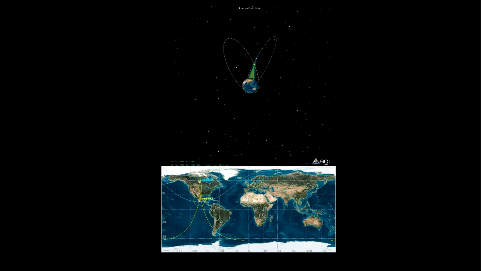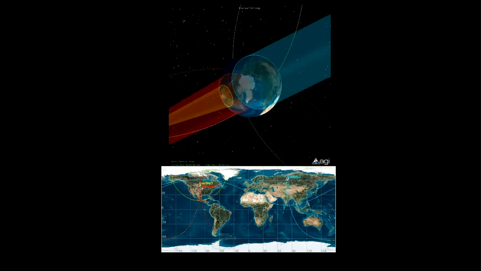So as this one descends, we send another one up. Then that one goes and services Russia. When the yellow descends, we send the red one up.